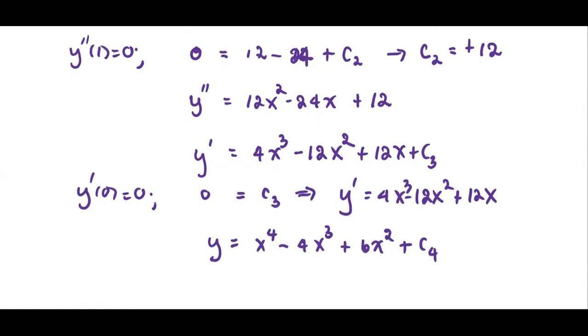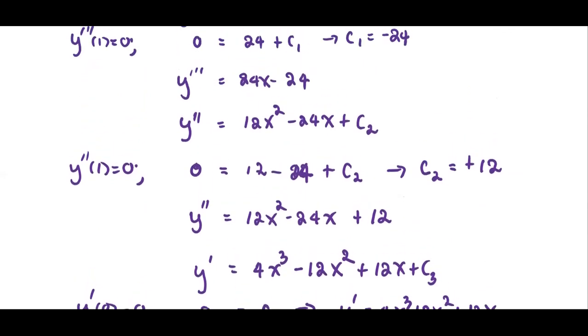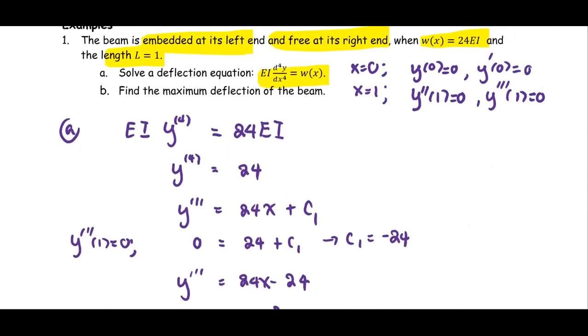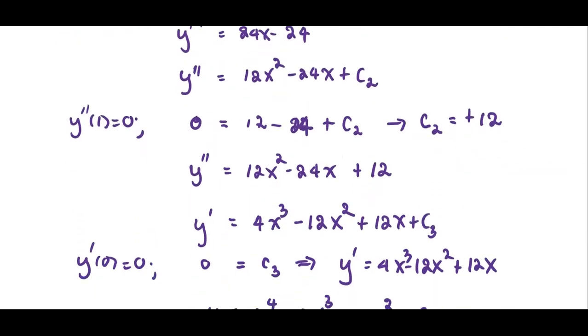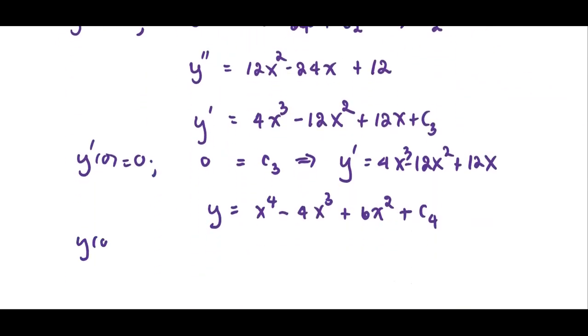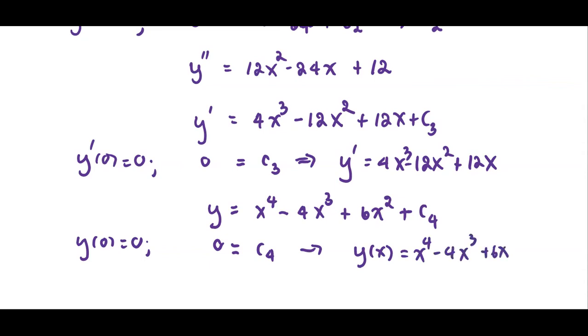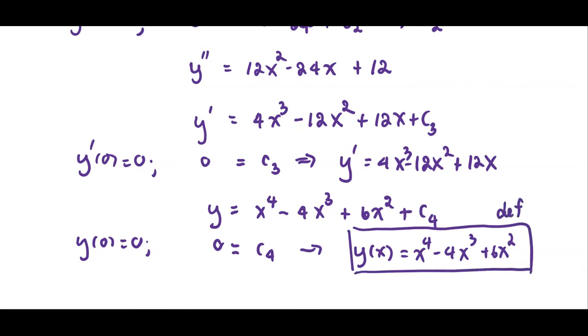With one more condition, y at 0 equals 0, c4 equals 0. Then the deflection function is y of x equals x to the fourth minus 4x to the third plus 6x to the second, which is the deflection equation.